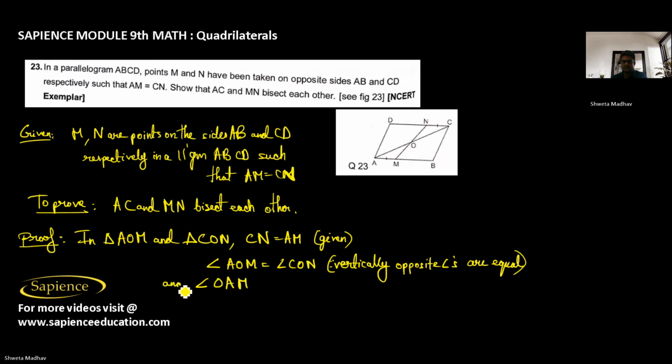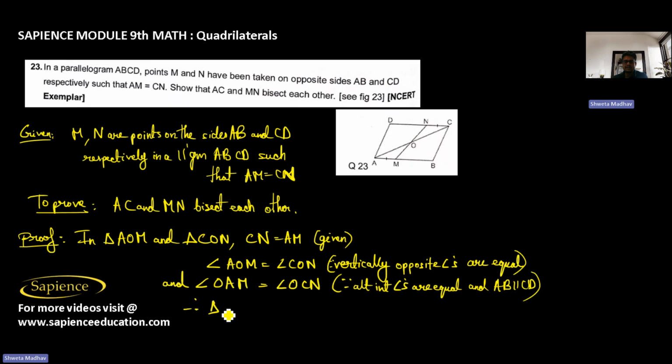And angle OAM equals angle OCN, since alternate interior angles are equal and AB is parallel to CD. So we can say that triangle AOM is congruent to triangle CON. We have taken two angles and the non-included side, so we give AAS as the rule of congruency.